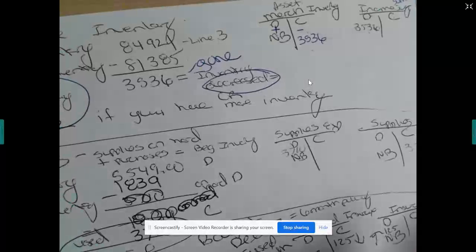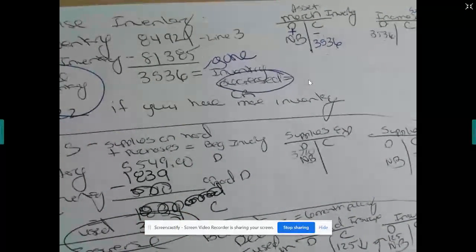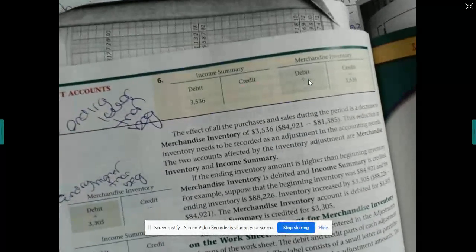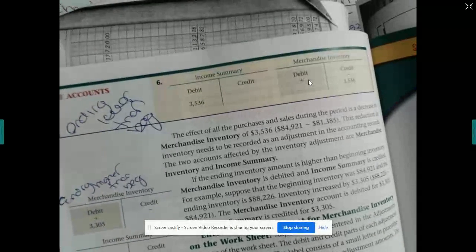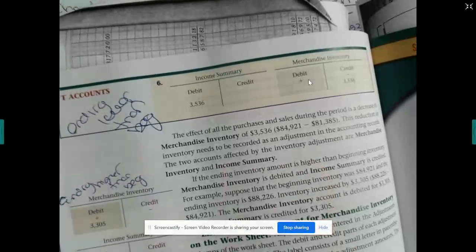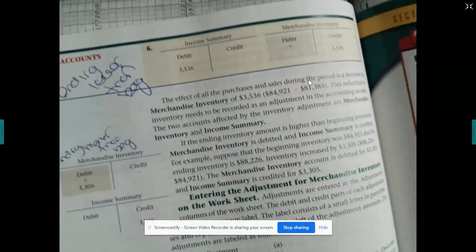On page 522, we have an example of what happens when it's the other way around, meaning we started the year with inventory of, let's see where the example is on this page.